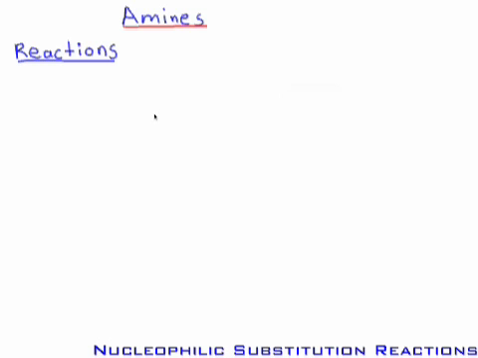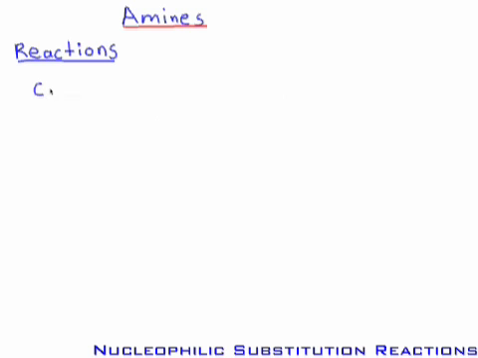This reaction was covered in the preparation of amines. The reason it's covered in both areas is that an amine can be prepared by this reaction, but it's also involved in the reaction.